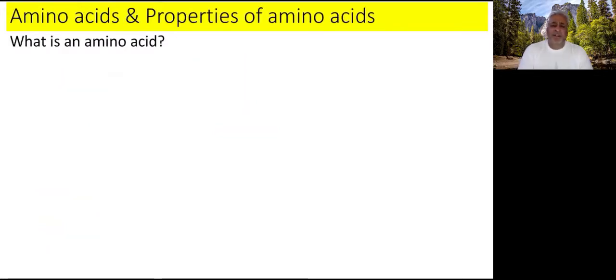So let's turn our attention now to the building blocks of proteins. It's important that we know that there are 3 terms that we need to be familiar with. The first is amino acid. The second would be peptide. And the third would be protein. So using the terms appropriately is encouraged.